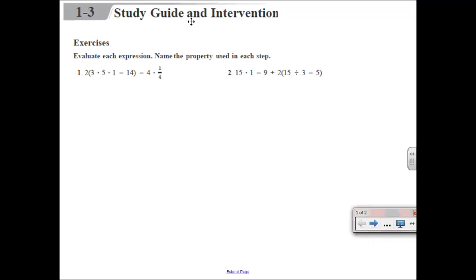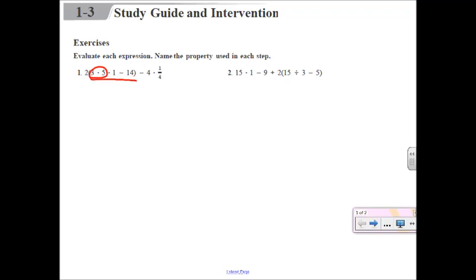So we're going to use the order of operations, which we learned in the last section. We do the parentheses first, and then we use order of operations within those parentheses. So we do multiplication and division first, and the first one that we run into is 3 times 5.